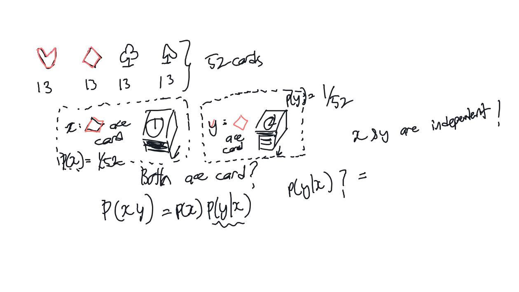So X has nothing to do with Y. So that is just the probability of Y. So it is probability of X times the probability of Y, which is 1 over, not 15, it's 52. 1/52, and that is 0.00037.